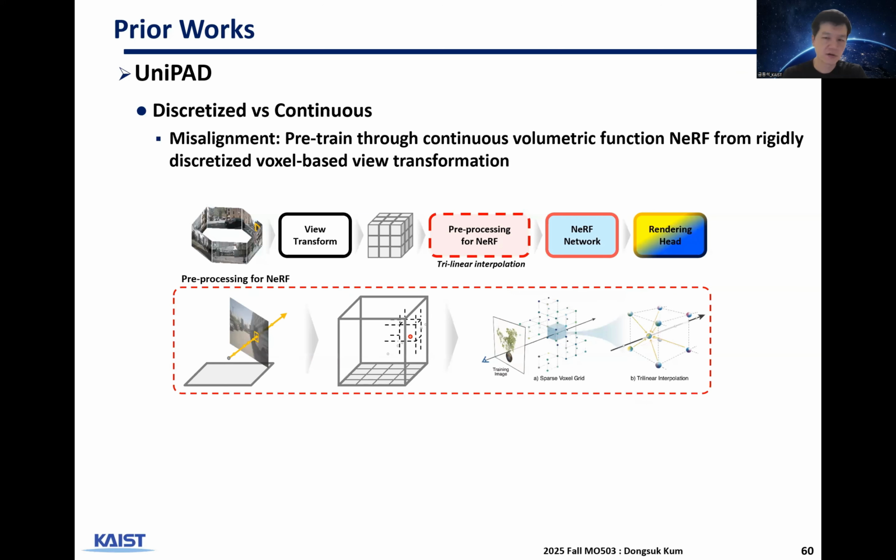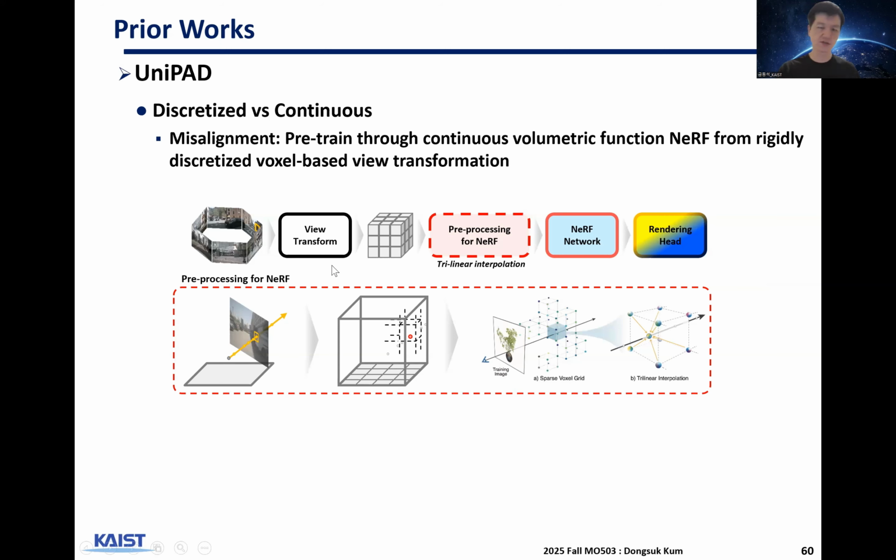And then, of course, 3D Gaussian splatting came out, which turns out to be much more efficient and faster. And there was work trying to use this self-supervised learning for 3D perception in autonomous driving. One of the early works is UniPAD. But it was early work, so it poses an academic contribution, but it was simply adding this NeRF network as a pretext task.